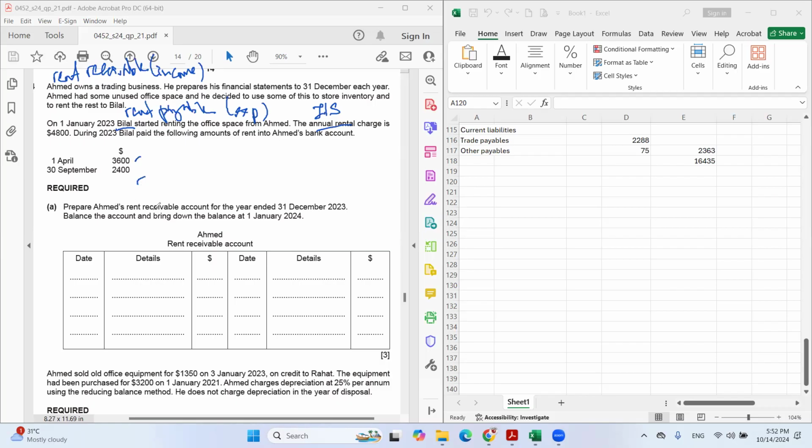Prepare Ahmad's rent receivable. That means from Ahmad's point of view, this is an income account. We are preparing the income account for the financial year ended. So how are we going to prepare the 6 columns? Rent receivable: date, detail, dollar.